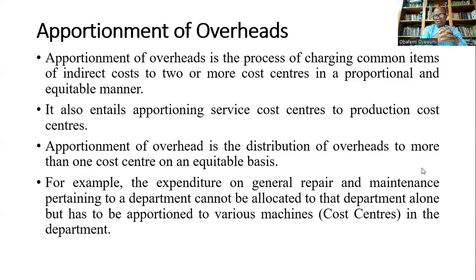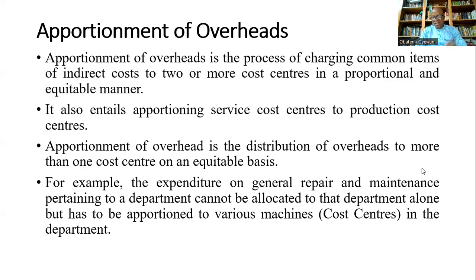Indirect costs, that's overheads, are incurred by various centers, the service centers, the production centers, and the likes. With apportionment, we want to charge the common items of indirect costs shared by all the different centers. We want to share them in a proportional and equitable manner to all the different cost centers.